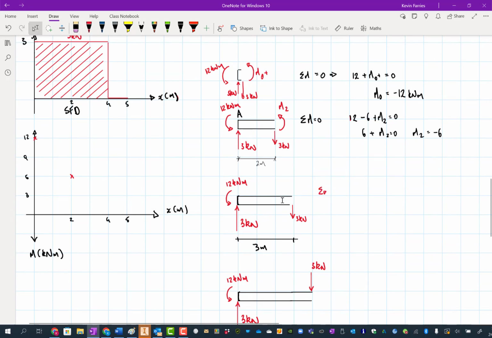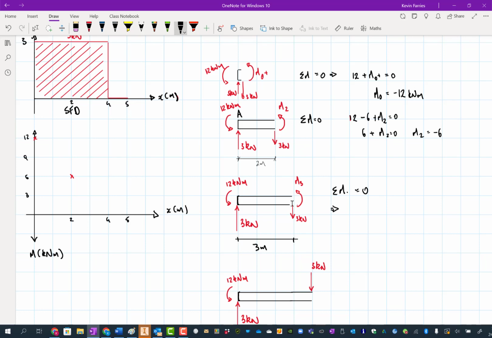So the sum of the moments is equal to 0. Positive moment would be this way, and this is the moment at 3 meters. Let me just rub this out. So let's think again. We're going to do the moments about the 3 meter point, equal to 0.